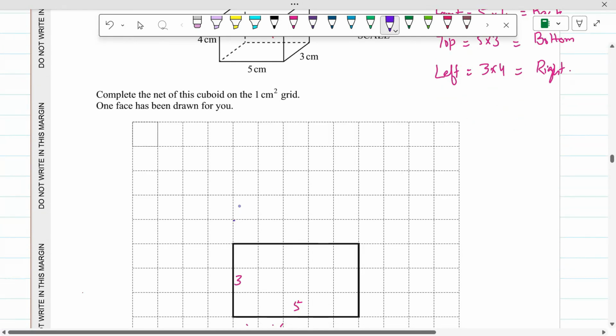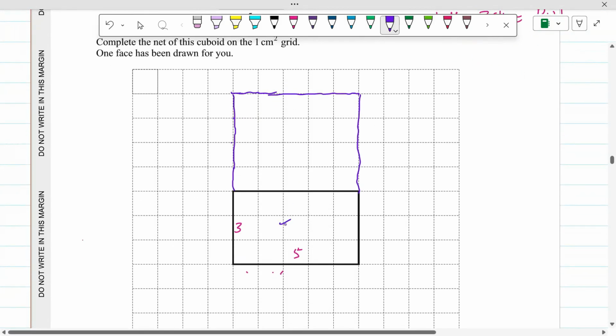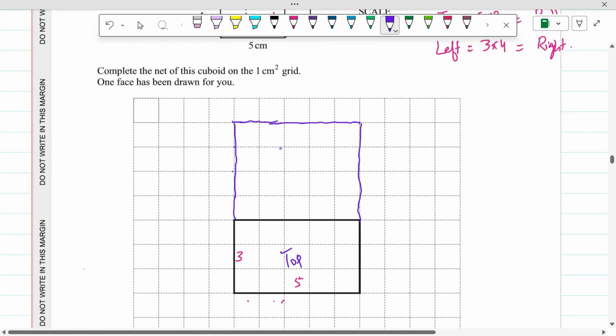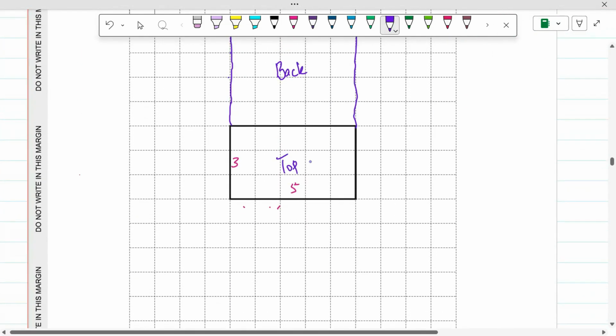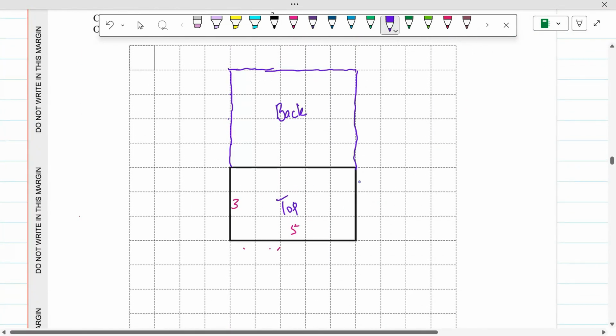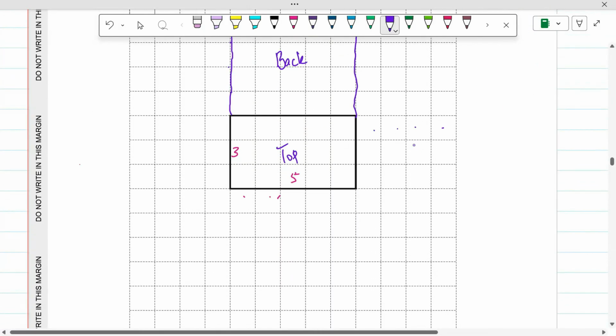So 1, 2, 3, 4. If we are considering this one is top, so this one will be the back. If we want to plot left and right from the top, it should be 3 by 4. So 1, 2, 3, 4.